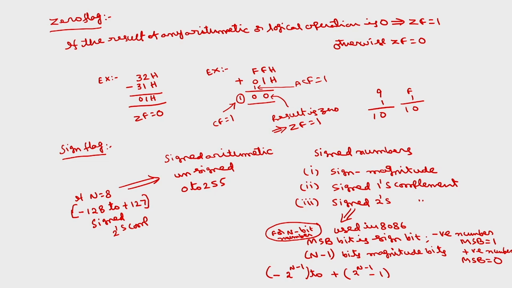Now, here the sign flag: if the result of any arithmetic operation is a negative number, meaning the MSB bit is 1, then the sign flag will be set, otherwise the sign flag is reset.